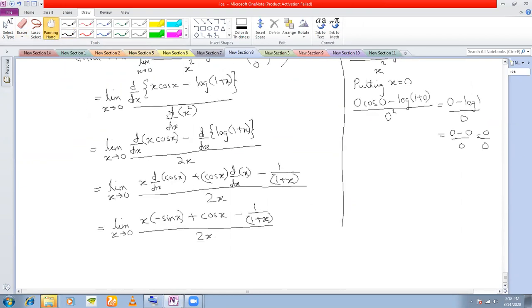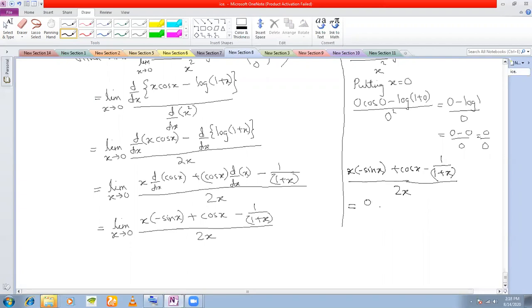You have got x into minus sine x plus cos x minus 1 by 1 plus x, divided by 2x. This is obviously an indeterminate form once again, because in the denominator I'm getting a 0.